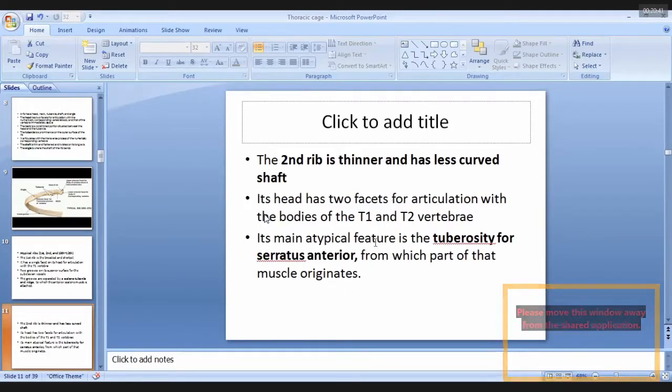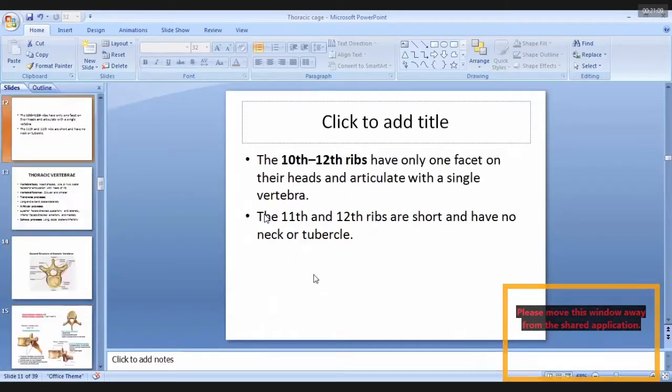Its main atypical feature is a tuberosity for the serratus anterior muscle, from which the serratus anterior muscle originates. So two important features why it is atypical: it is thinner and has less curve as compared to the other typical ribs, and it has a tuberosity for the serratus anterior muscle.